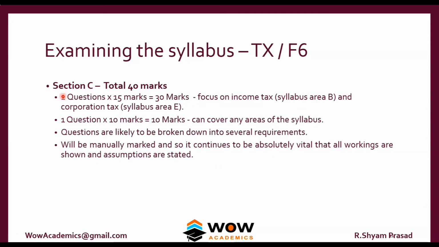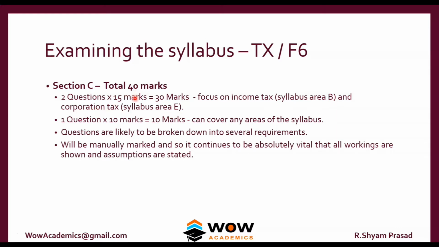In terms of section C, you have 40 marks, and the 40 marks is broken down in this manner. There are going to be 2 questions of 15 marks each, so that comes to 30 marks. The focus is on income tax, syllabus area B, and corporation tax, syllabus area E. So in these two questions, one question will come from income tax, which is syllabus area B, and another question will definitely come from syllabus area E, which is corporation tax.